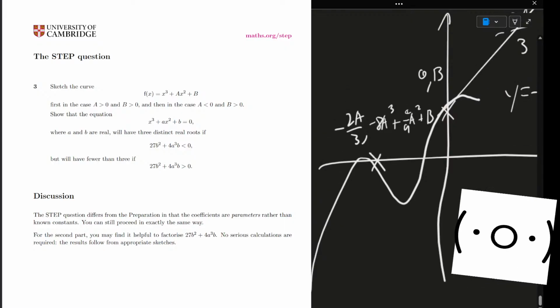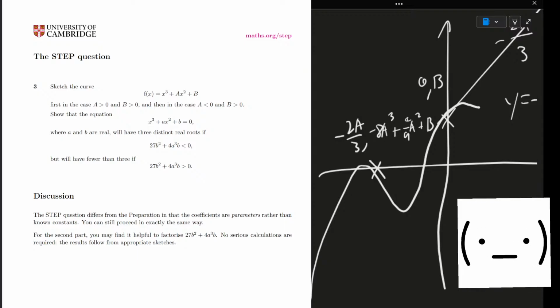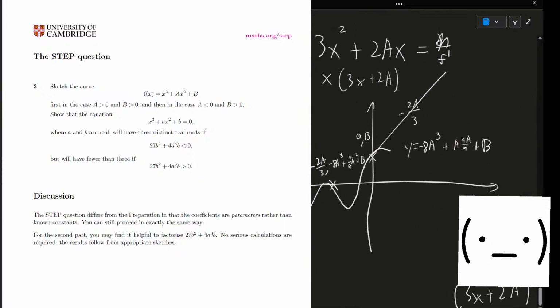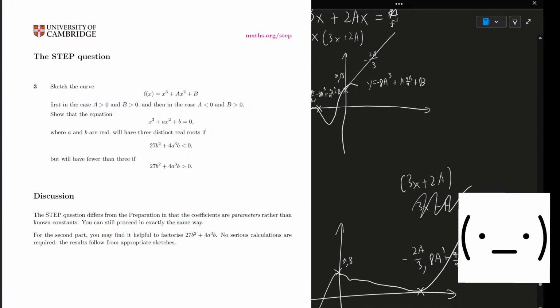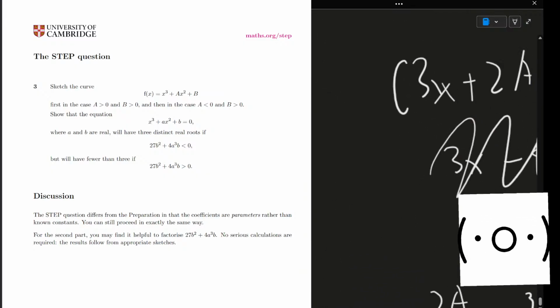Wait, is this on the positive side or the negative side? Like the positive x or negative x? Great question. Right. So I missed out on the fact that this was negative. Oops.